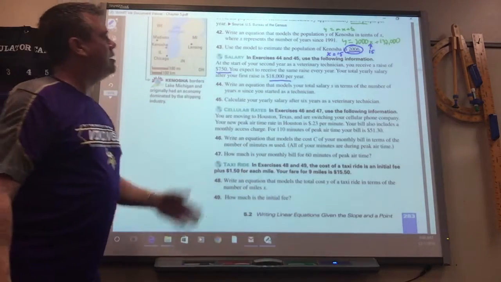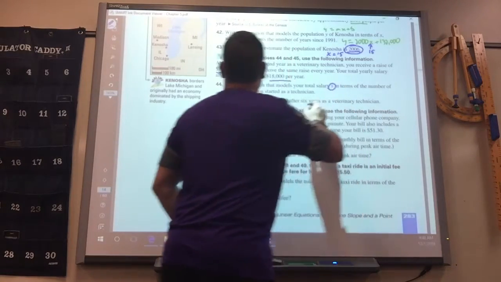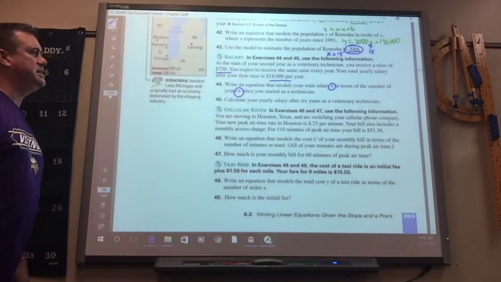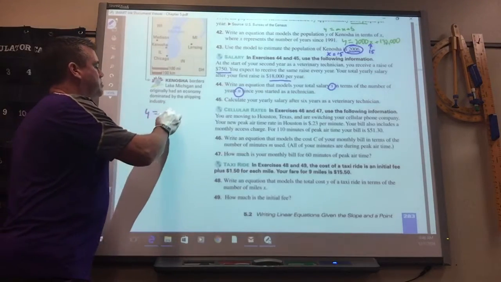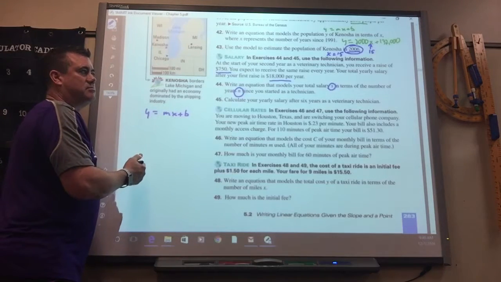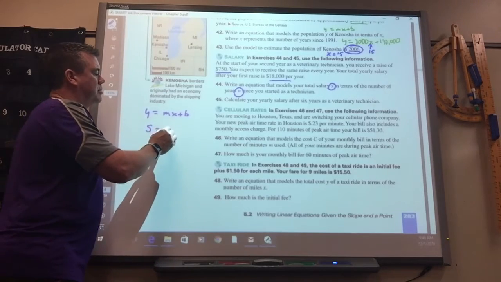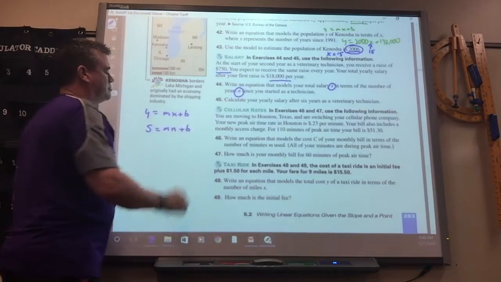So we're going to write an equation that models your salary S in terms of years. I don't know why they use N, they should use T, but. So, in the y equals mx plus b, where do you put the S in place of? Y, your salary is m, and instead of x, they use n, plus b.